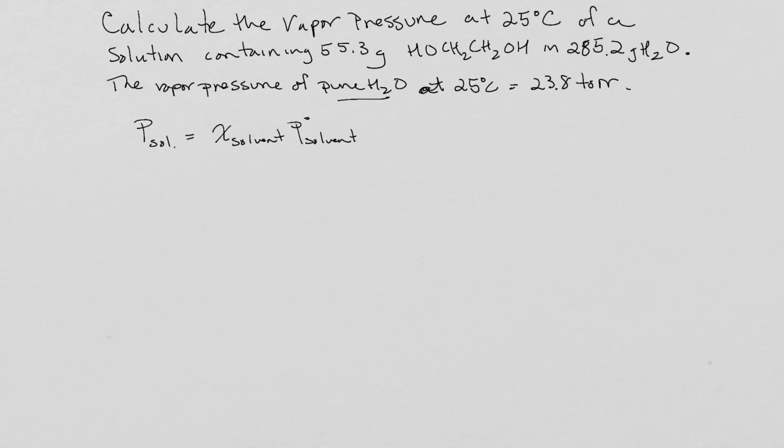So in this case, it's the mole fraction of water times the pressure of pure water. Now, of course, the pressure of pure water is easy. We're told in the problem, it's 23.8 torr. The harder part here, the one that involves a little more work, is the mole fraction of water.